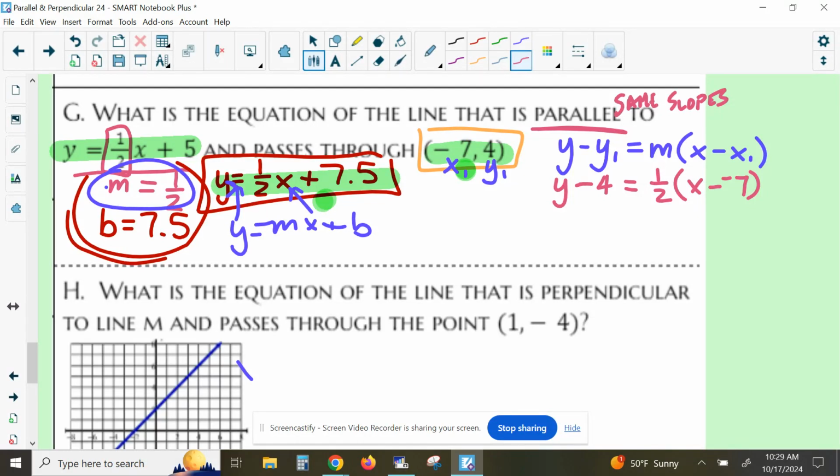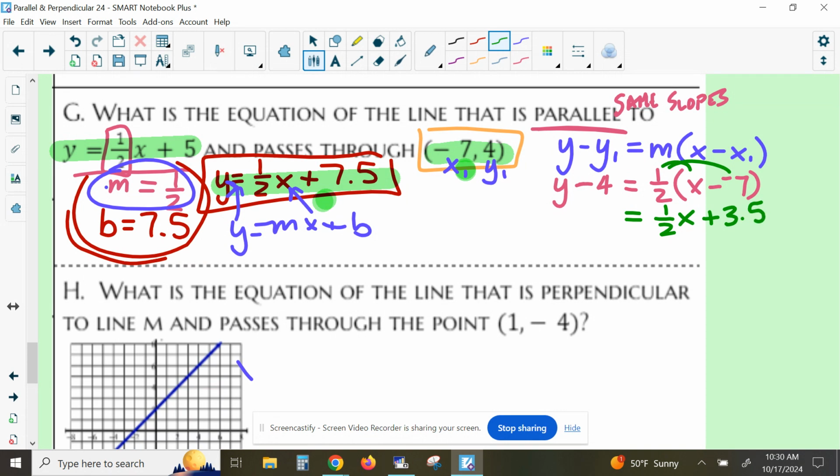Okay, now all I have to do is simplify this and move stuff around so he looks like y equals mx plus b. So I'm going to start by distributing. So what am I going to have when I distribute 1/2 to x? 1/2 x. Now let's think of this as a positive 7. 1/2 times positive 7, which is basically 1/2 of 7, 3.5. So this is plus 3.5.